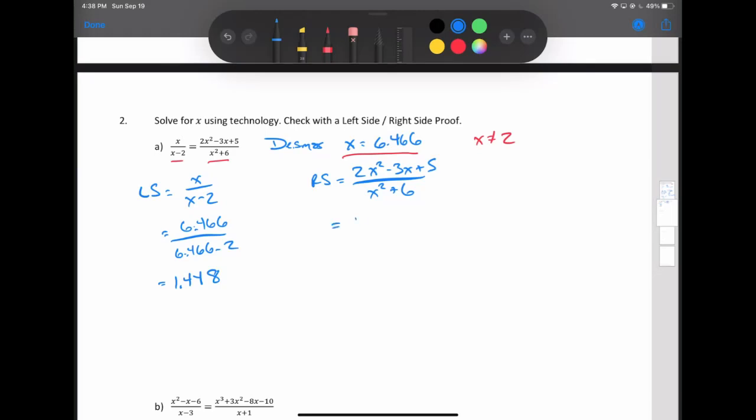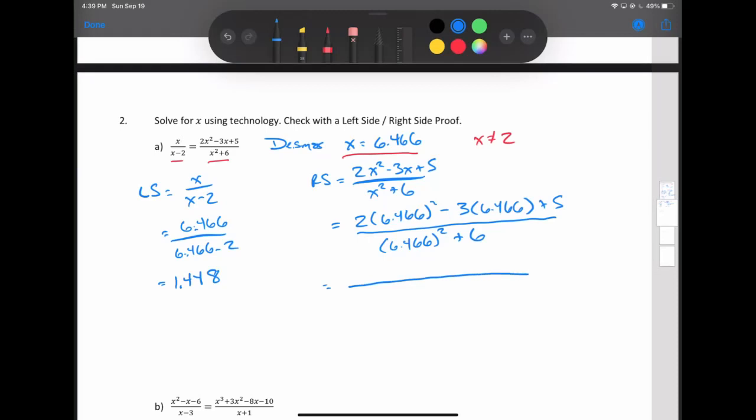On this side, 2 times 6.466 squared minus 3 times 6.466 plus 5 over 6.466 squared plus 6. I'm just going to do the 6.466 squared.